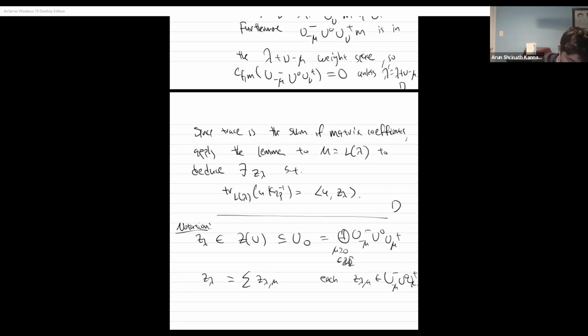In particular, the projection of Z lambda is Z lambda 0.